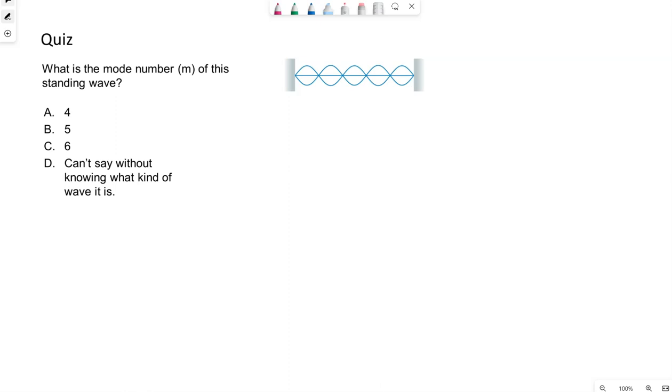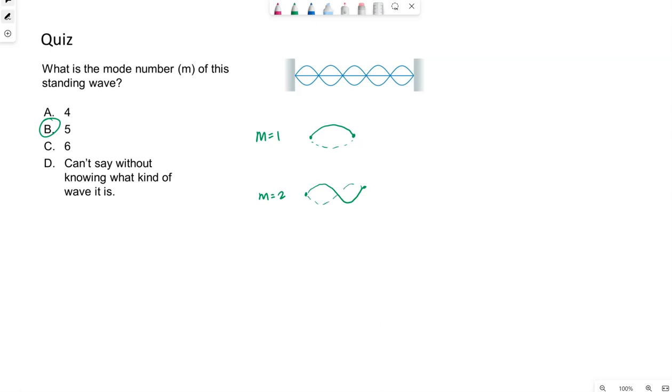The correct answer here is B. There's a couple ways to go about this. If you remember the fundamental, mode 1 is one loop. And then mode 2 was 2 antinodes or loops.